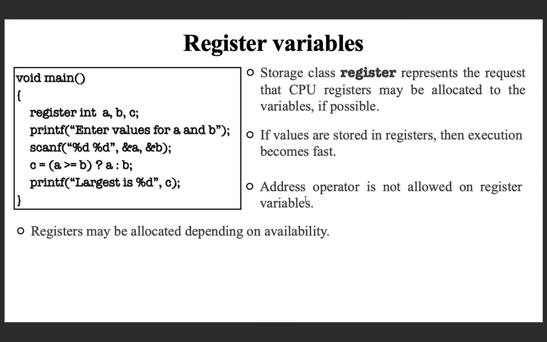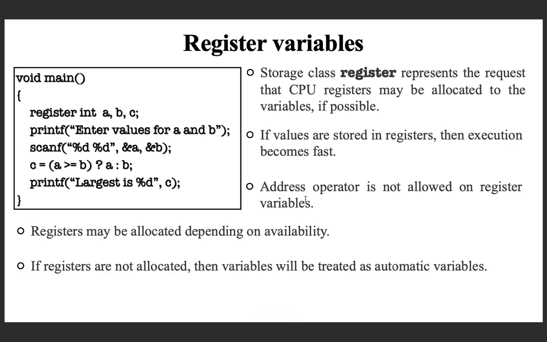And the system will allocate memory based on the availability of registers. If registers are available at that point of time during the execution of this program, then registers may be allocated. Otherwise, it will only allocate main memory. And if registers are not allocated, then variables will be treated as automatic variables.